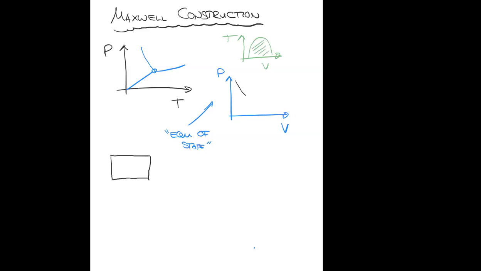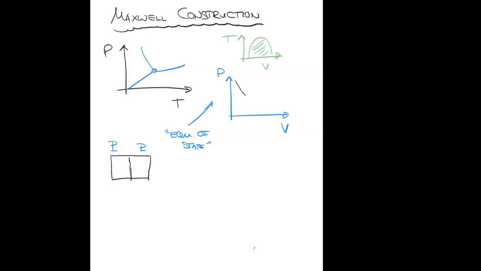Imagine you have some kind of system again in a container with some kind of barrier that can slide around. So if the system is in equilibrium, then you have gas at some pressure P, gas at the same pressure P. If the pressures were not the same, then the partition, if it's a sliding partition, could not stay in place.